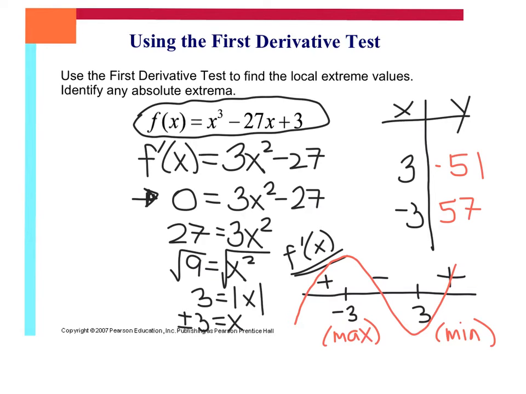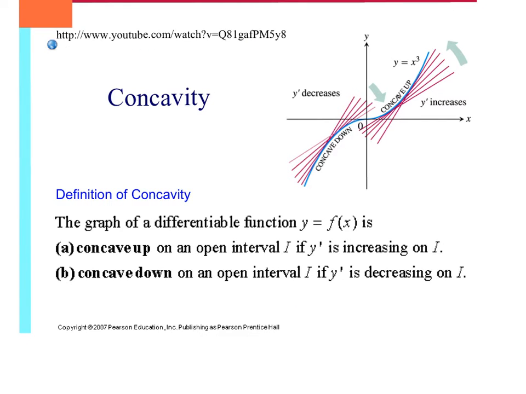Okay, great. Now, continuing along, let's talk about concavity. Now, the definition of concavity might be a little confusing to you, but you can also just visually figure it out. So the definition for concavity is here, where the graph of a differentiable function, y equals f of x, is considered concave up on an open interval if y prime is increasing.